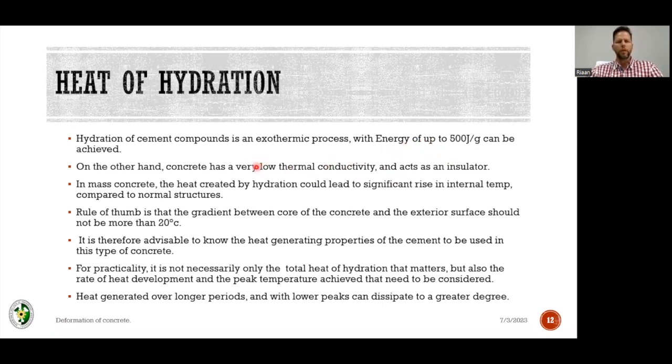In mass concrete, the heat created by hydration could lead to a significant rise in internal temperatures compared to normal structures. So back in the day, we used to mix, and I cannot remember the strength of concrete that we used, but for the sake of simplicity, we used fine aggregates, and this was at technical college. And we made a little block, 300 by 300 in a wooden shutter.